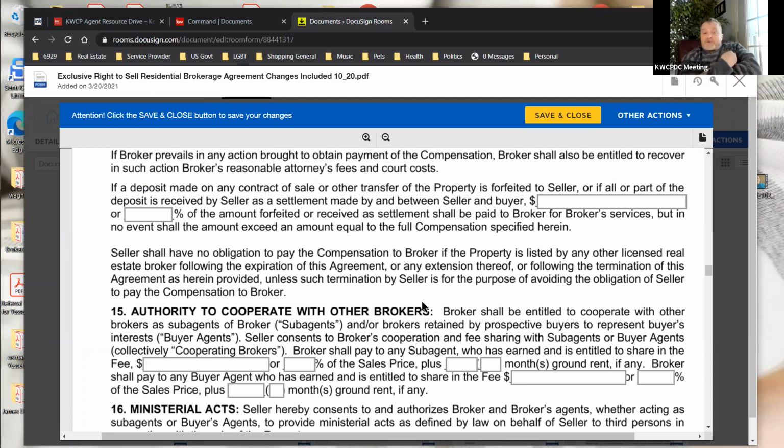This is what his recommendation was and what he did, and he put the 50% of any forfeited amount. And this is what he puts in his agreements. You can do what you want there. This is a provision that's provided there for you to do whatever is best for your own business. But like I said, David just does it with the 50% in that field.